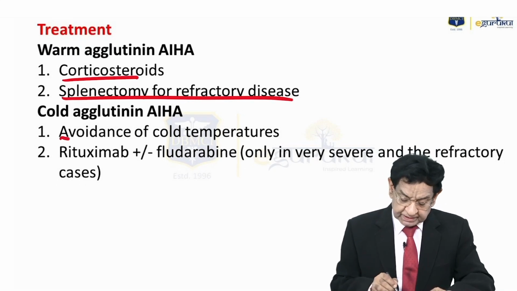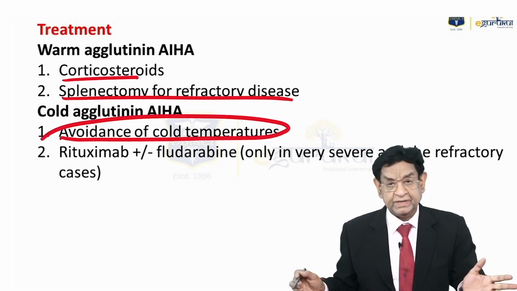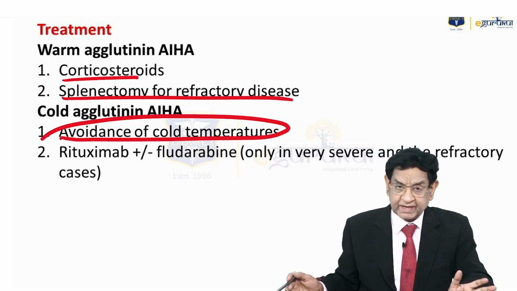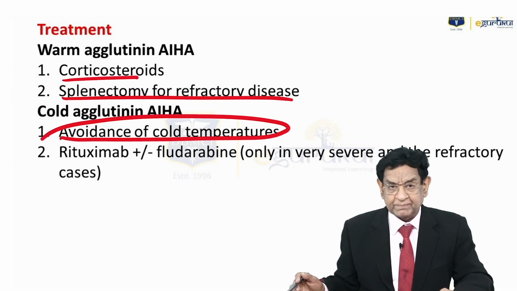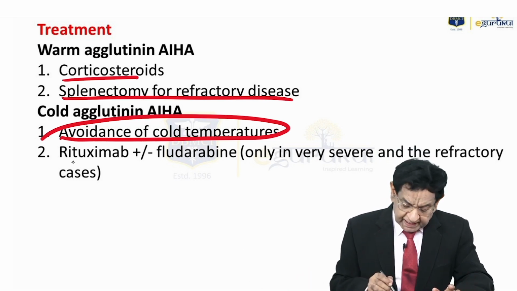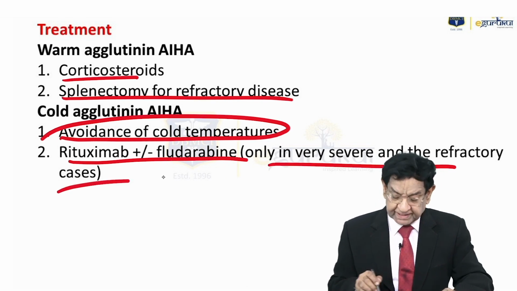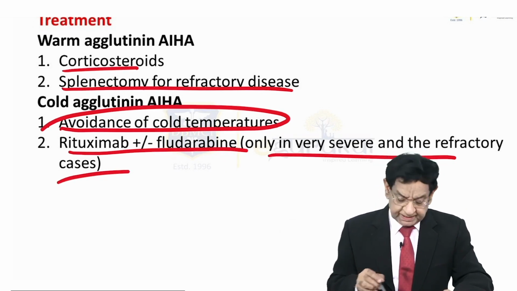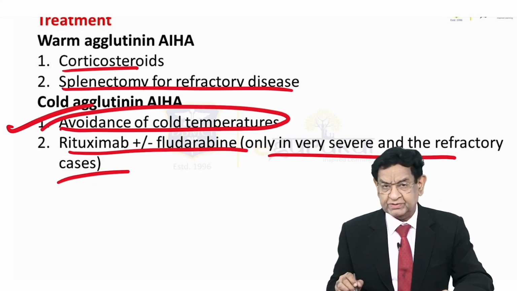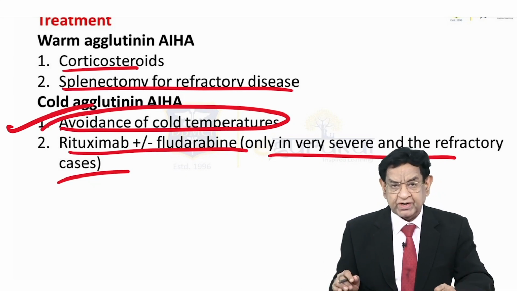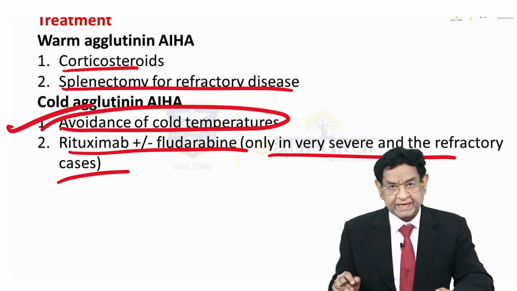But in cold, the best treatment is warmth. I told you, the moment the patient becomes warm, the problem disappears automatically. Very rarely we can use rituximab and fludarabine, but only in severe and refractory cases. Normally it is not needed. So by and large, in cold cases, you only have to rewarm the body to normal body temperature.